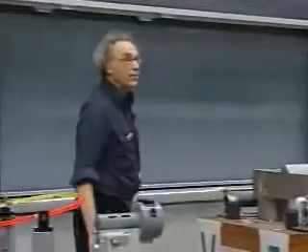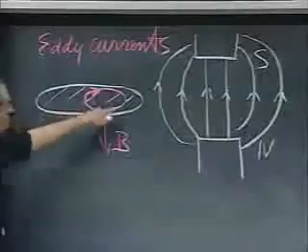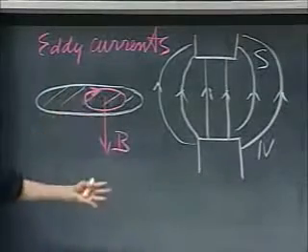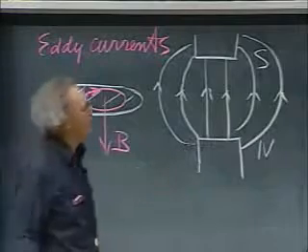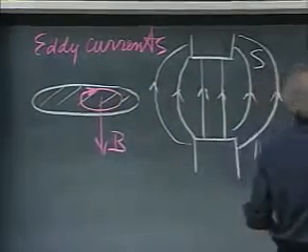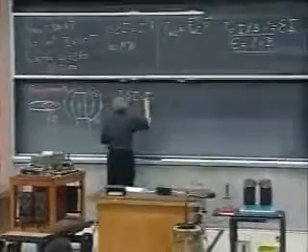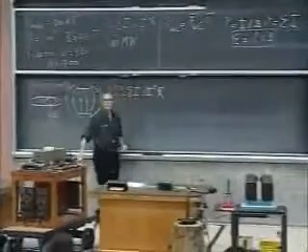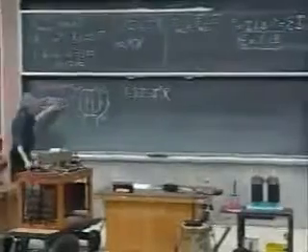The eddy current produces heat in here. The heat is the product, joules per second, of the power, E times I. I squared R, it always comes down to the same. So this disk will heat up a little bit.